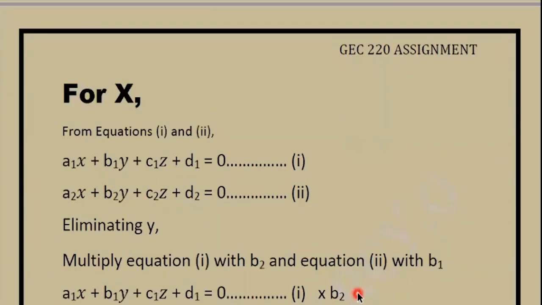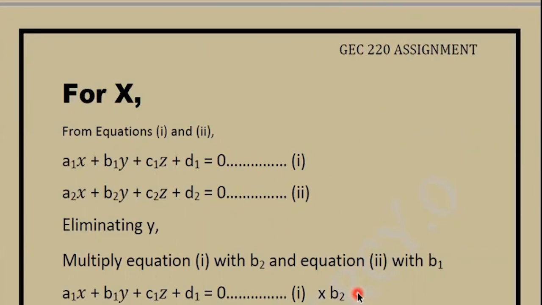Then for x, we will have to go to the beginning, to the very first two equations, as they are the ones that contain the x variable for us to work with. Remember, when we're getting z, we eliminated x. When we're getting y, we eliminated z.